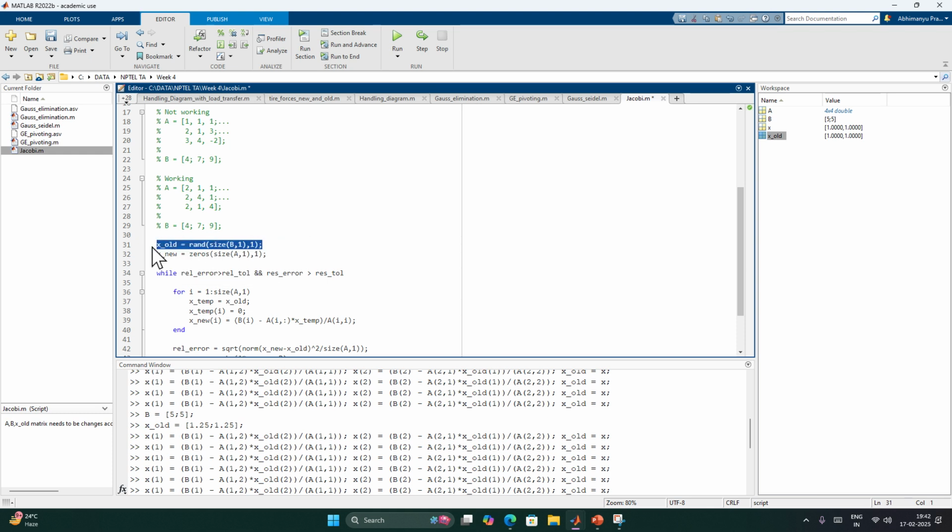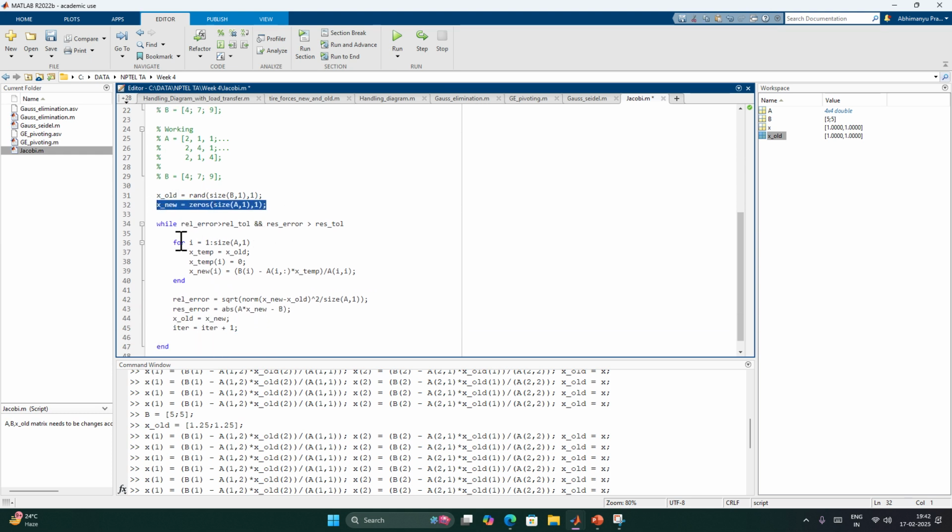So I'm initializing my initial conditions to some random values and my x new to zeros. Okay, so this is just initialization. Anyways, this is not important, right? This x old initialization is important.